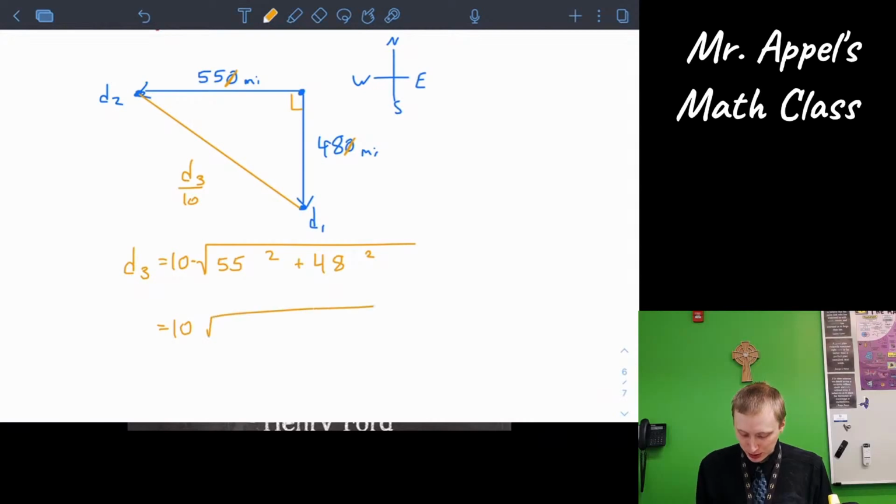So at this point, you could type it into your calculator all at once. I'm going to go step by step. You can follow along with me. So 55 squared is, oops, what happened there? Oh, it kept my last calculation there.